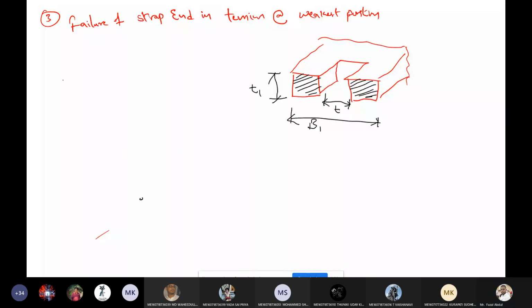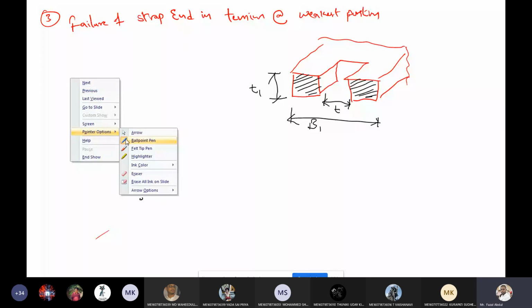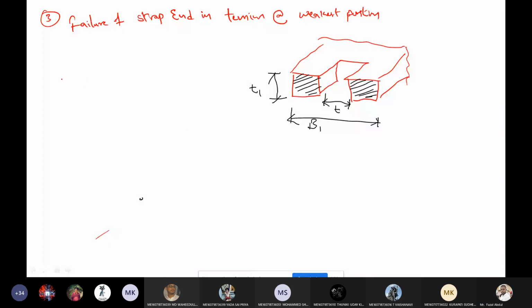Now here the third one, failure is going to happen in tension. So the respective stress is tensile stress equal to load by area. So this may be written as PT equal to sigma T into A suffix T. So what is the failure area here?